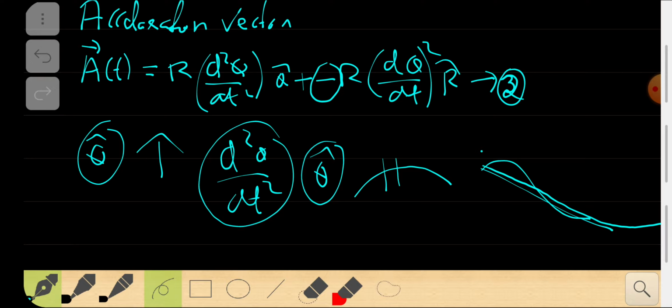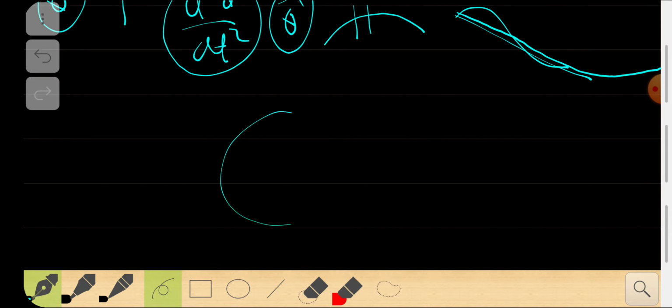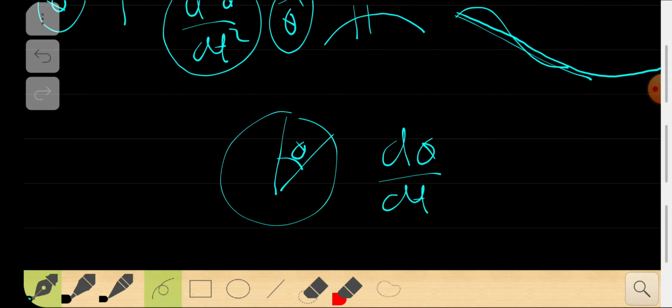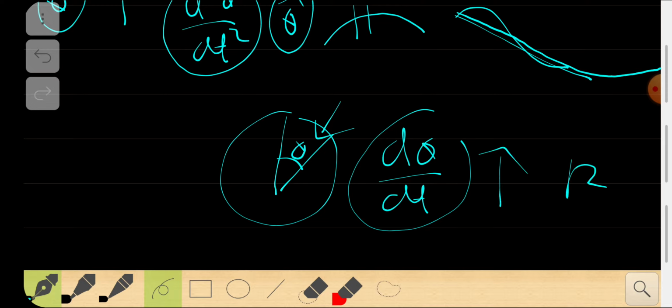That's very good, right? If you have a circle, the same thing: if theta is changing fast, the radial acceleration will be smaller, for theta being higher.